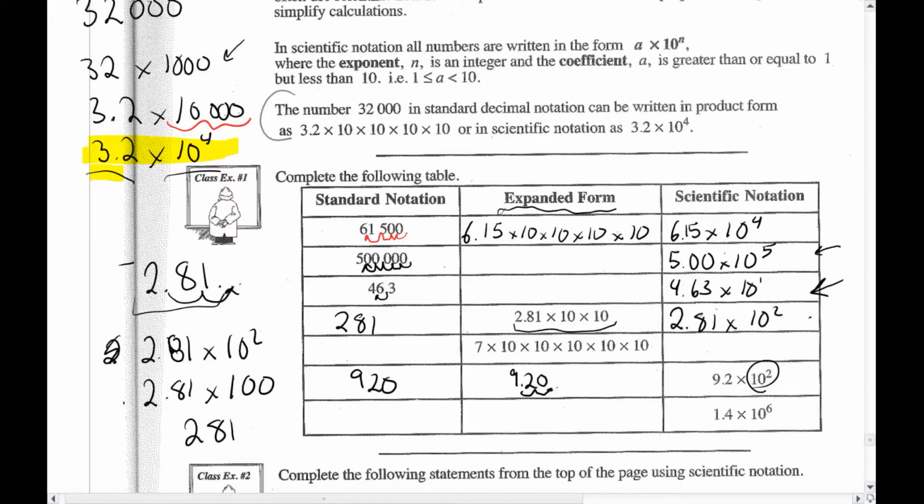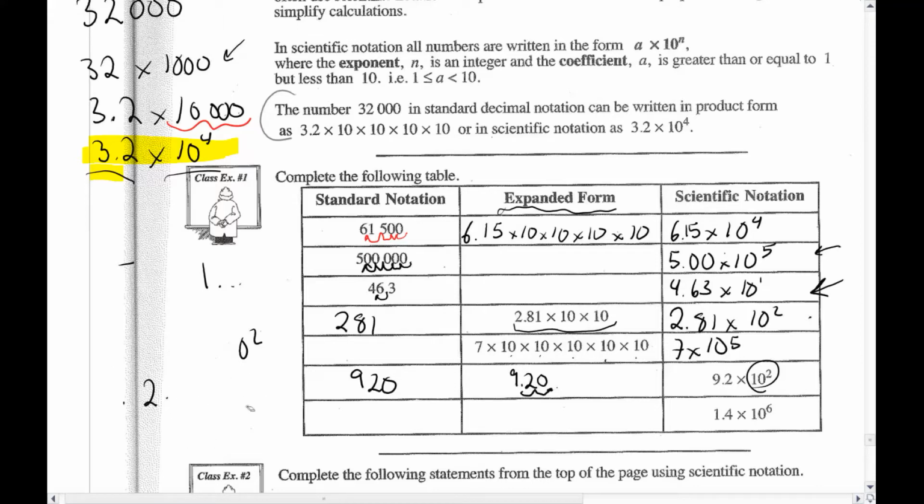The one above it, I just didn't realize I skipped it, is 7 multiplied by 10 to the power of 5.